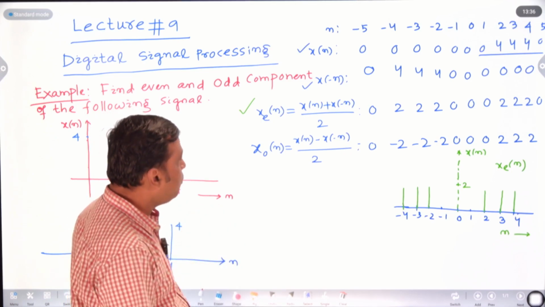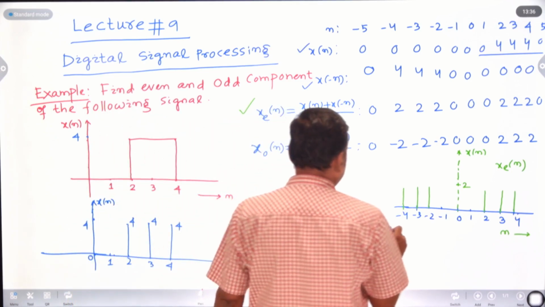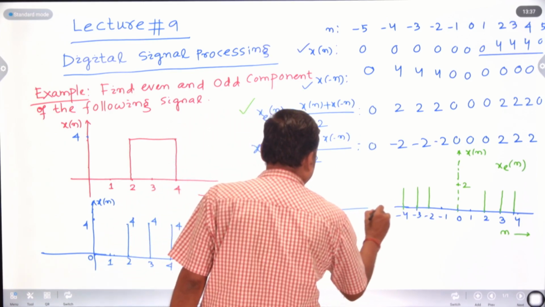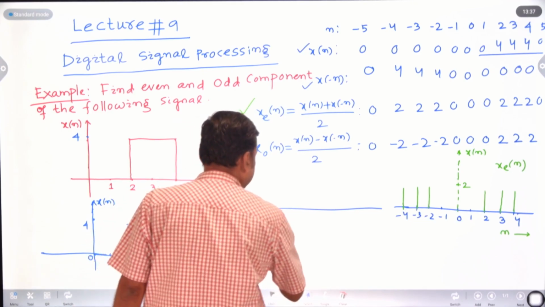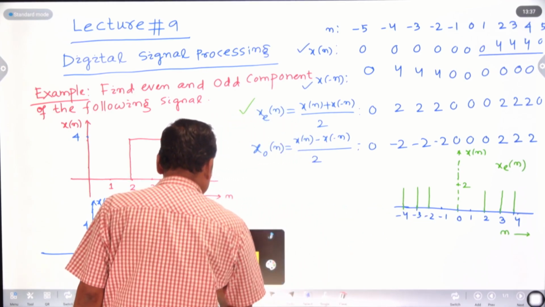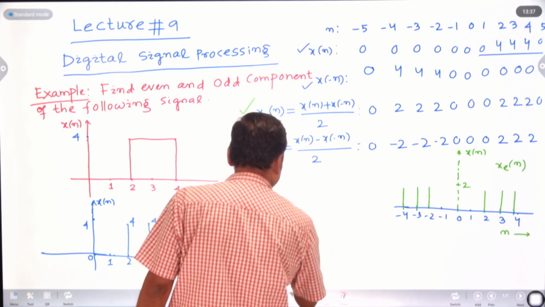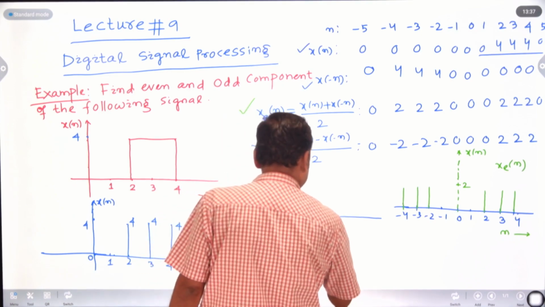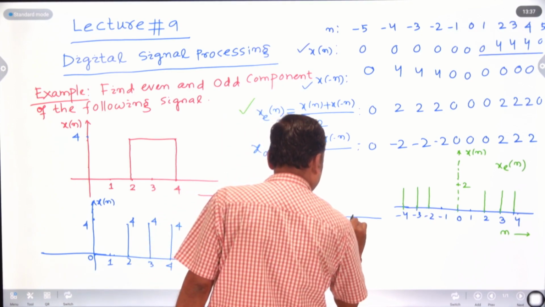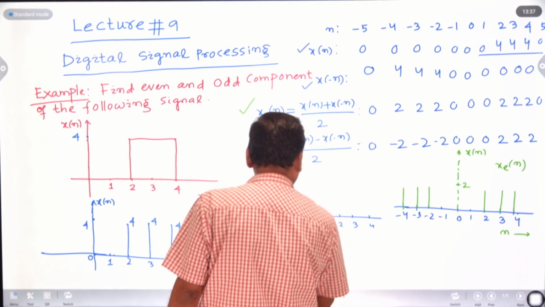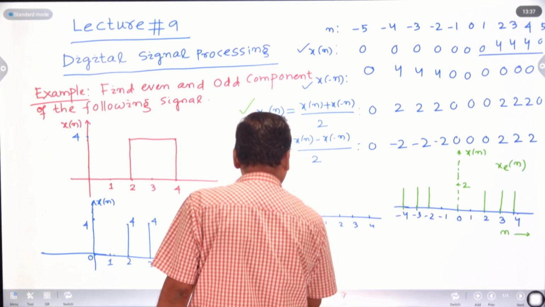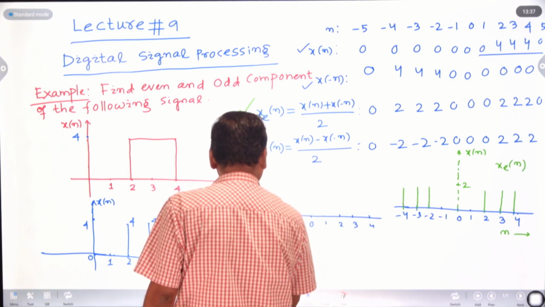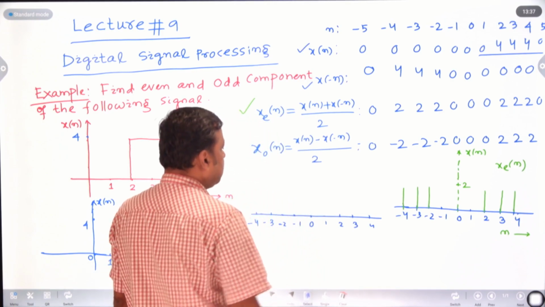So the second one is how to find the odd component of the signal. Similarly, we have to draw the odd component of the signal. Here that is your 0, 1, 2, 3, let 4, then minus 1, minus 2, minus 3, and let minus 4.